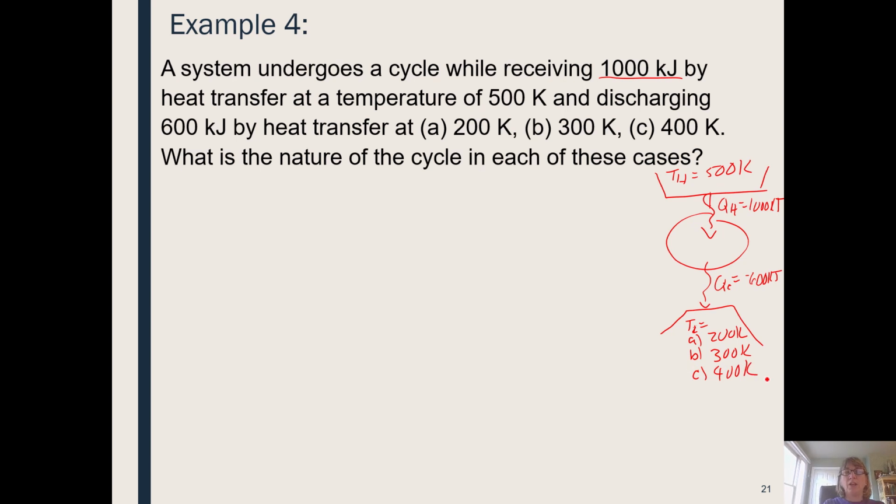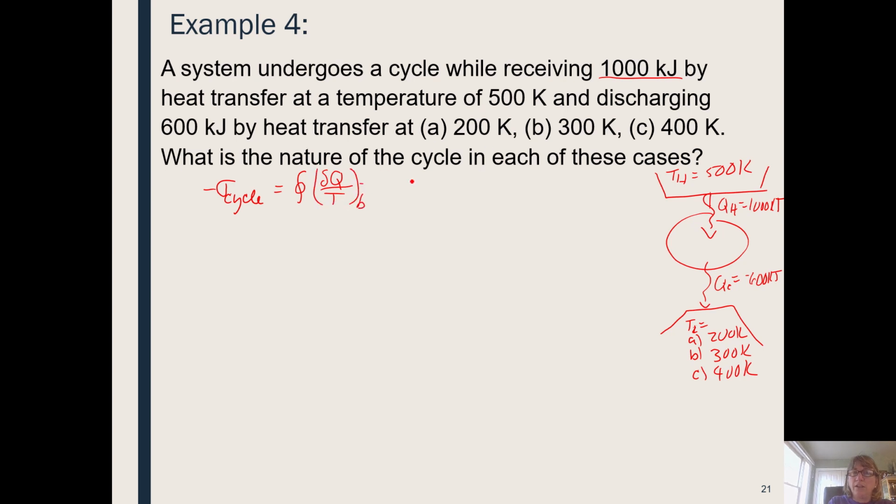All right. So we want to know the nature of the cycle for each one of these cases. So we're going to find our Clausius inequality, and that is our integral of Q over T for the boundary.